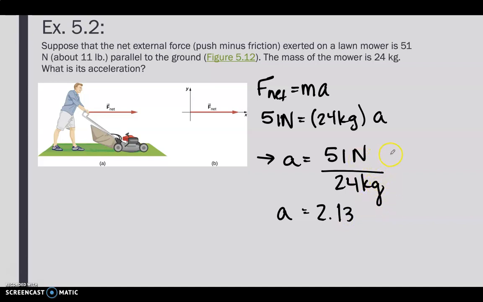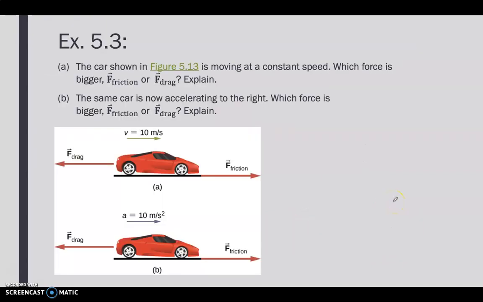And we can check our units, make sure that they are in the correct units here. So remember that newtons is kilogram meters per second squared. That was given to us. So if we plug that in, we see the kilograms would cancel and we'd be left with the correct units here. All right, so that's that example.